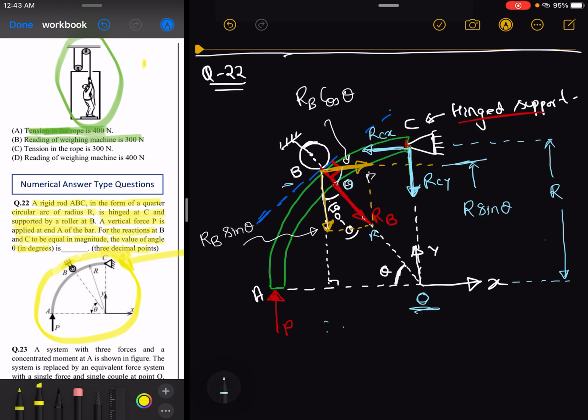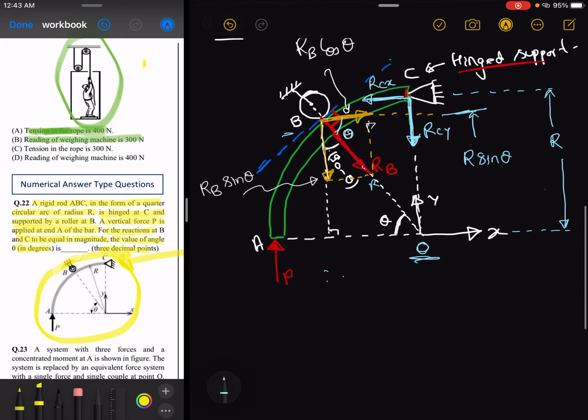Since this system is in equilibrium, I am using the equation that the net moment should be equal to 0, and I am considering the point C, because there are two forces, RCX and RCY, whose line of action is passing through point C. So their moment about C will become 0, and I have only one variable left, that is RB, and P is known. So I can find out the value of RB from this equation, okay.